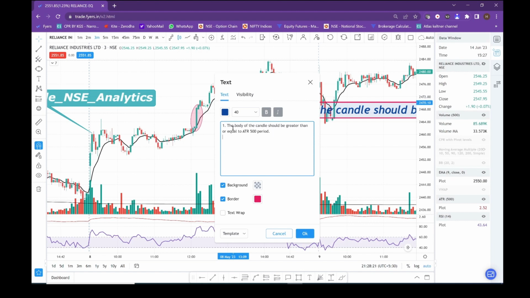Second, the candle should have a very tiny wick or no wicks at all.